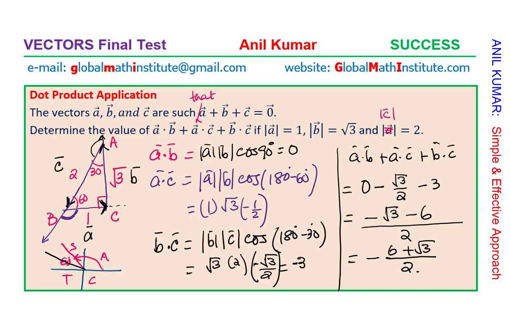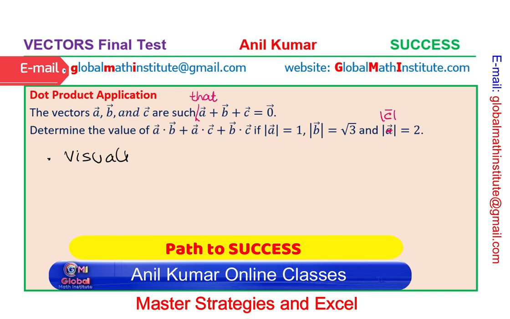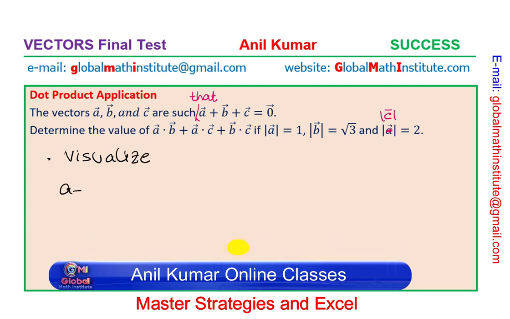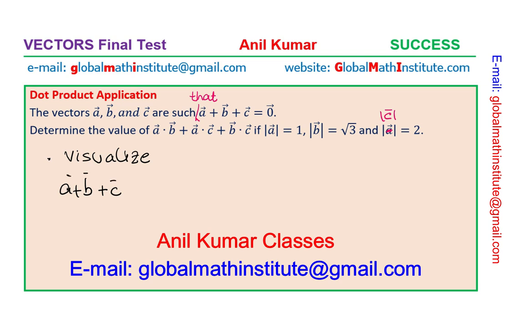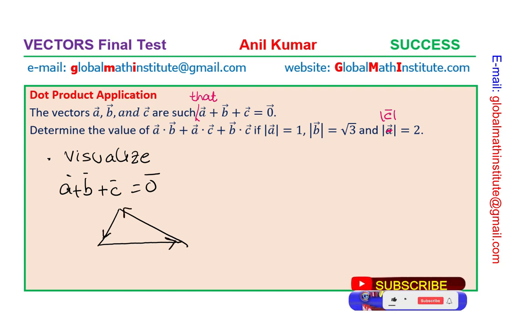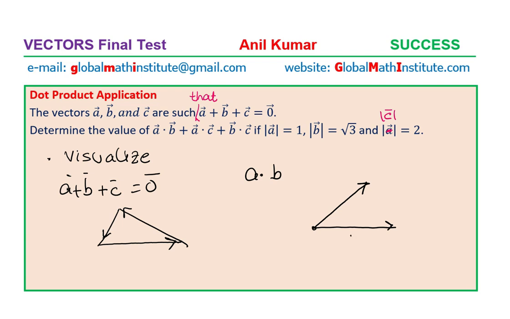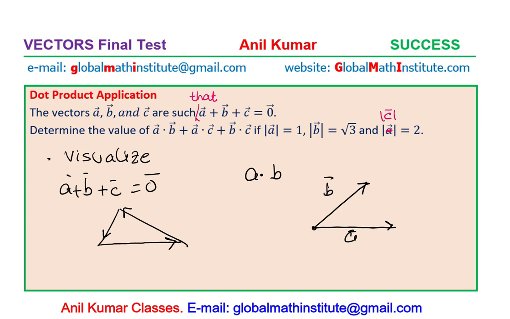Now, with that in mind, we summarize the things as first, you should visualize, right? Whenever we give you three vectors summing to the 0 vector, it definitely means a triangle. So this is one thing to begin with. The second is, when we do A dot B, then we have to take the angle when you put them like vectors with tail to tail, you understand?